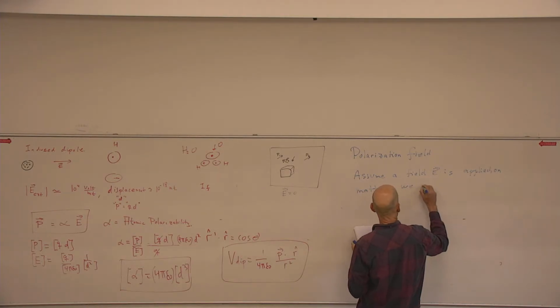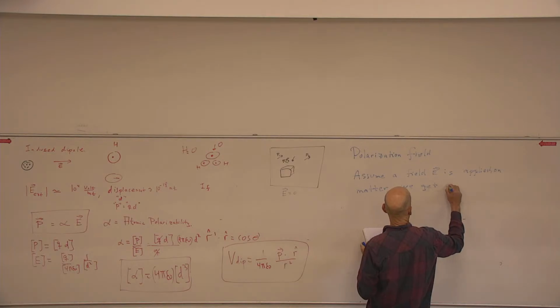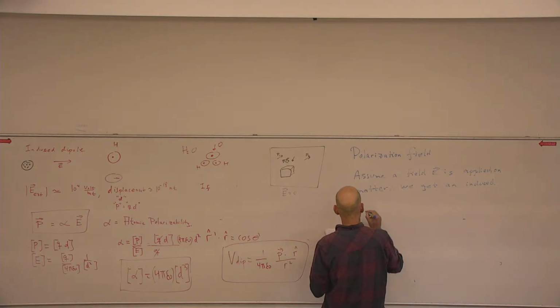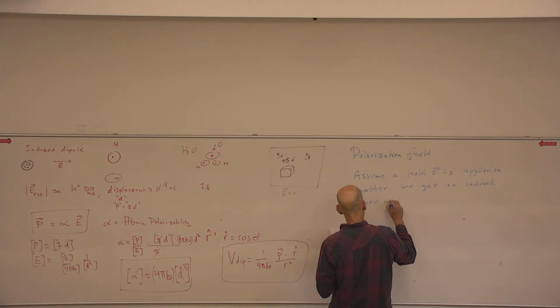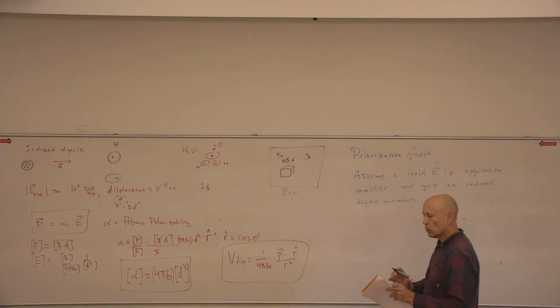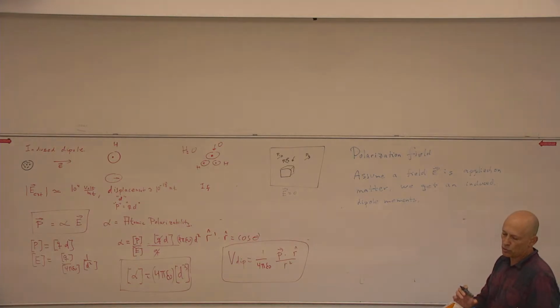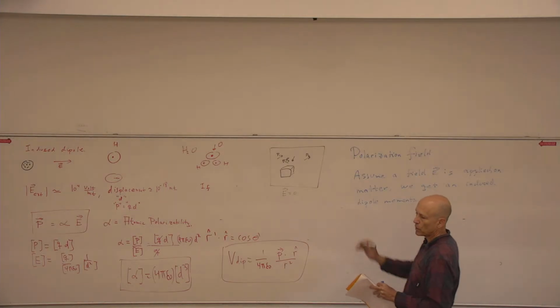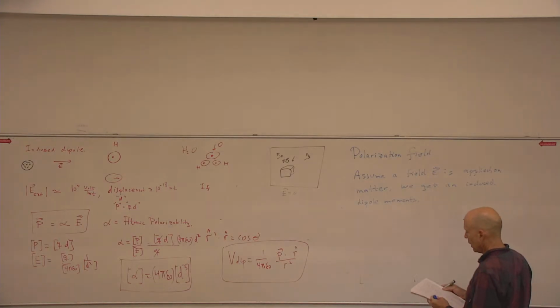We get induced dipole moments. Repeating myself, it doesn't matter if this was caused by shift of the electron structure inside the hydrogen atom or because it just caused some alignment, we don't care.